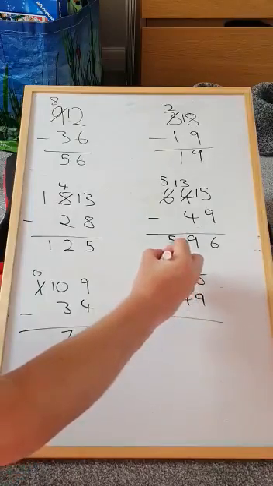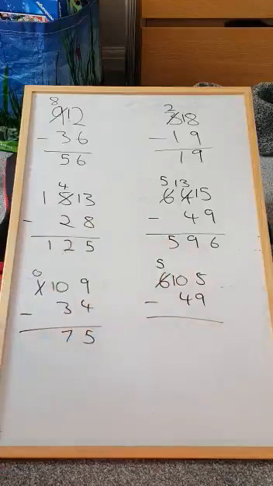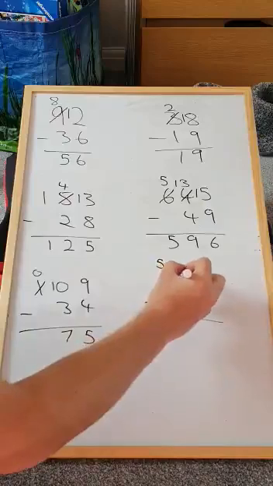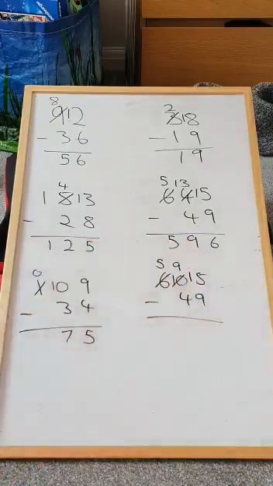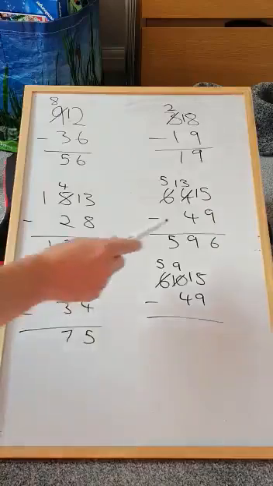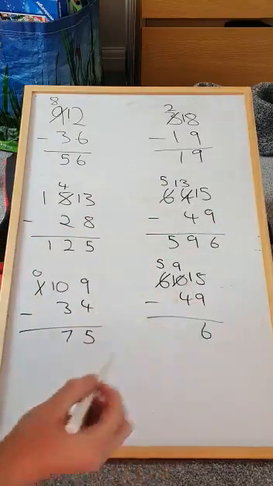So the 6 becomes a 5, and then we put the 1 across, and now we can borrow because it's not a 0. So now we borrow, and that becomes a 9, and the 1 moves across again. So now we've got 15 take away 9, which we can do. 15 take away 9, just like this one here. 15 take away 9 is 6.